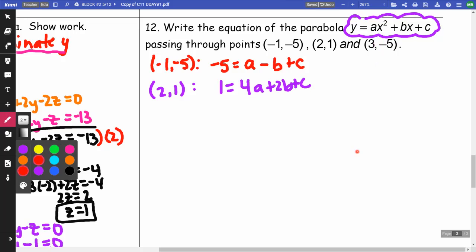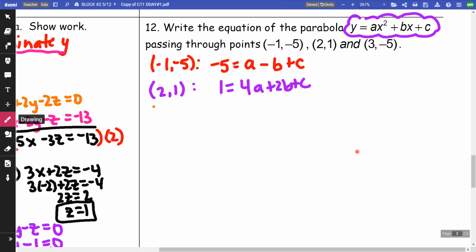And then my last one, which is 3, -5, is going to be -5 is equal to, putting 3 in for my x, ax squared is going to be 9a. My b times x is going to be 3b plus c.